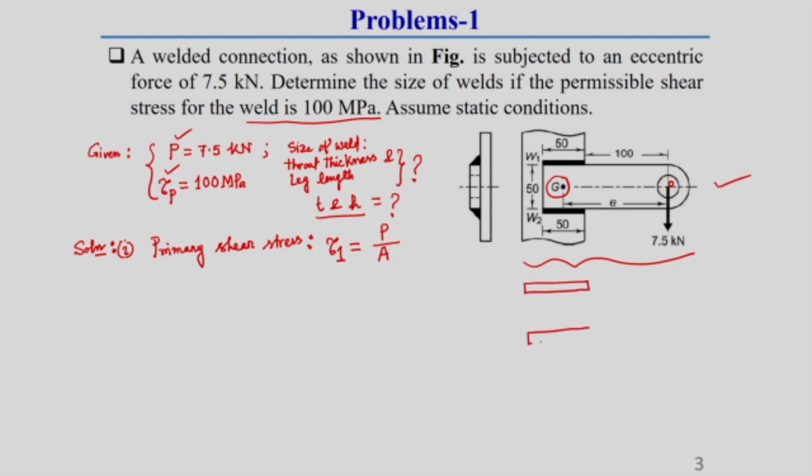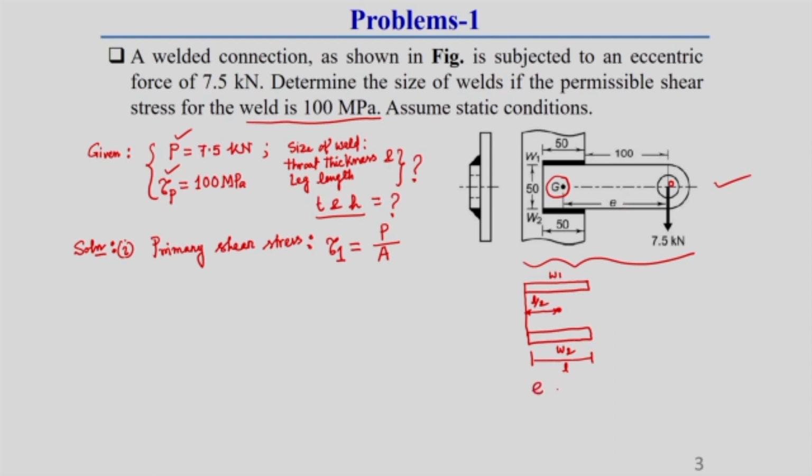as these are two symmetric welds, this is weld 1 and weld 2, and its G will be at the mid length of these two welds. If the length of the weld is L, and we consider from this side, this distance will be L by 2. Now we can easily find the eccentric distance e.